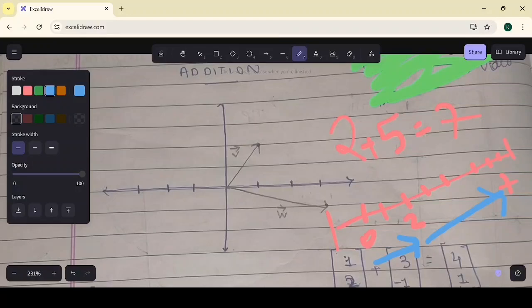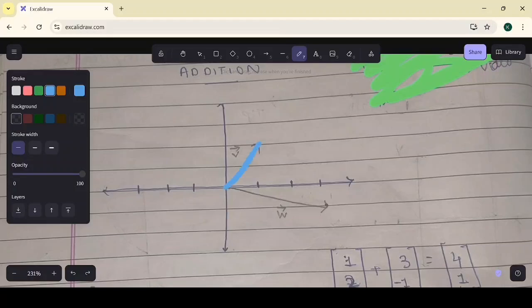This same rule you have to apply in 2D vectors as well. Here, for example, there is this v vector which is pointing in this direction and a w vector which has this direction. Now, whenever I tell you to add these two vectors, what will you think based on the example I just explained?